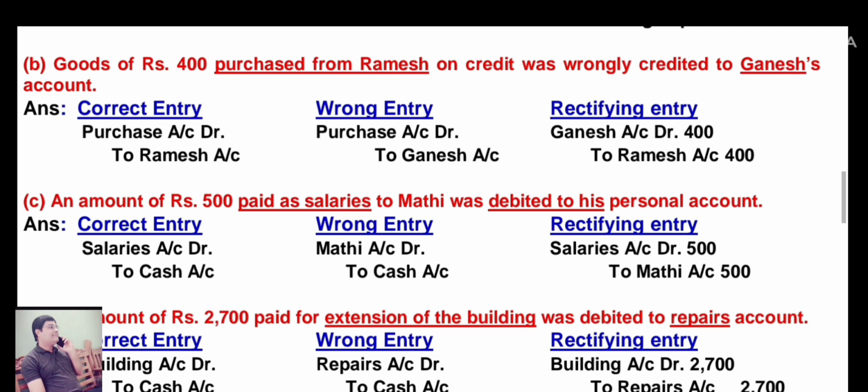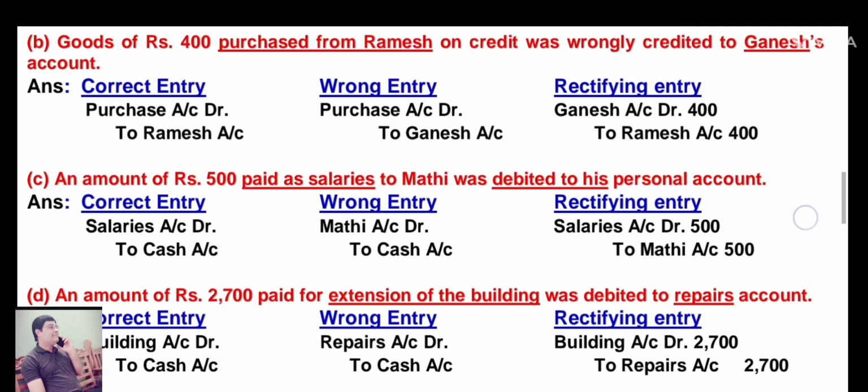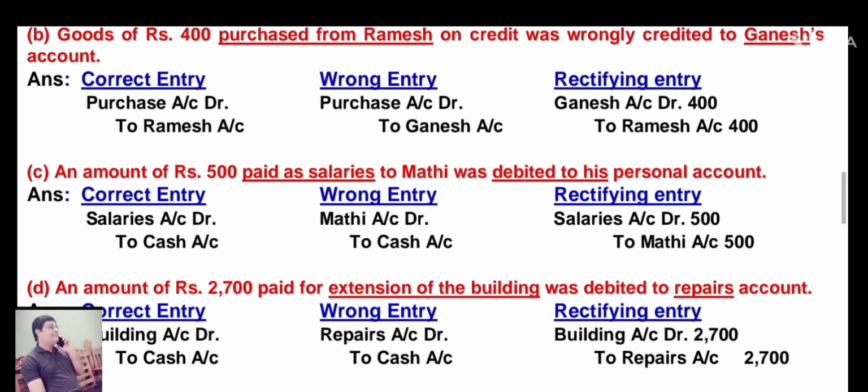So to Ramesh, we have to write it perfectly in the rectifying entry. In the wrong entry, Ganesh is written on the credit side. Now we have to write on the opposite side, the debit side. Now see the rectifying entry. Ganesh we write in the debit, and to Ramesh account in the credit side. So your entry is rectified. Understand?